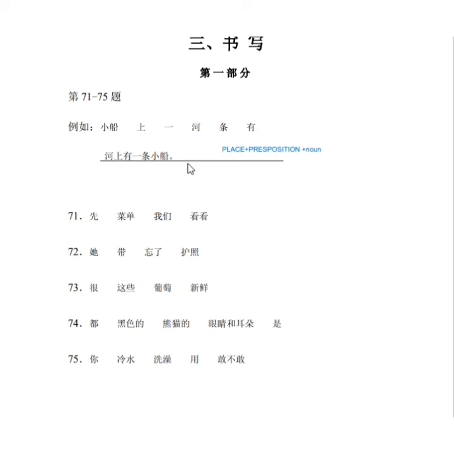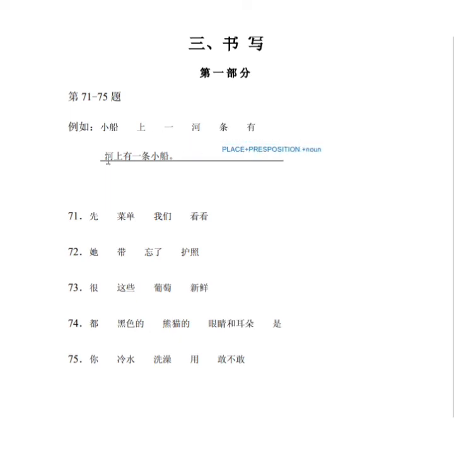And for existential sentences, the sentences in which we use there is, there is a specific sentence pattern. We need to arrange the words according to this pattern. The pattern here is, at first we put the place, then the preposition, then the word you meaning have, and at the end we put the noun.